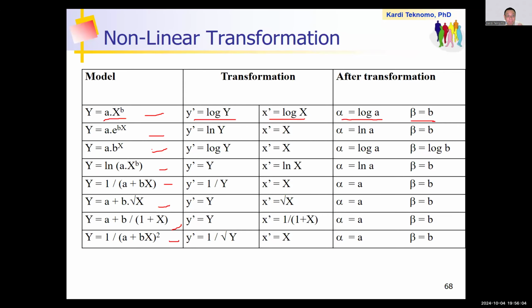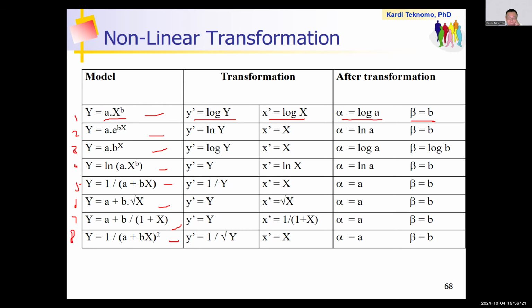So 3 means y equal to a b times exponent x. Use this here. So this is 1, 2, 3, 4, 5, 6, 7, 8.